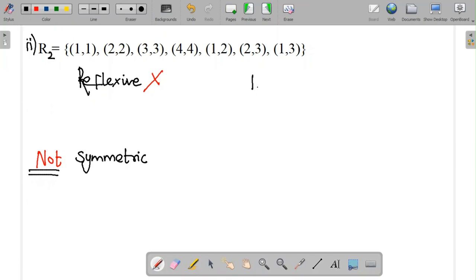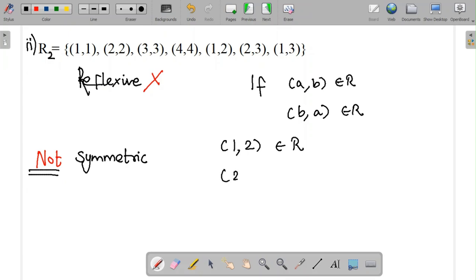We know that for it to be symmetric, if A comma B belongs to R, the pair B comma A must also belong to R. However, we do note that 1 comma 2 belongs to R but the pair 2 1 does not belong to R. And even if it fails for one such pair, it totally ruins the possibility that it is a symmetric relation. So of course, R2 is not symmetric. So it is not reflexive, it is not symmetric.